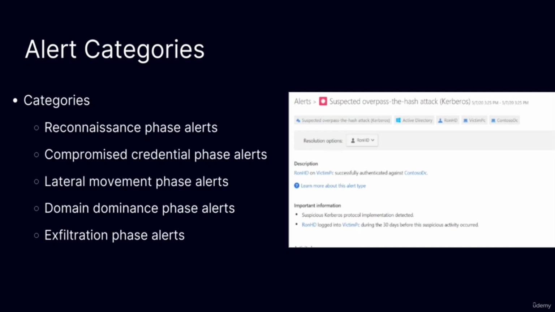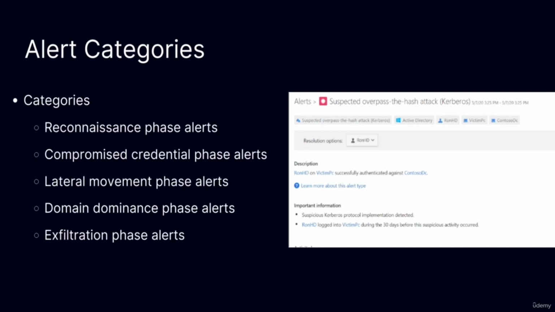These alerts have different categories. The categories are based on when the alert is detected for the suspicious activity. So, any suspicious activity usually has, from a security perspective, a few different phases.